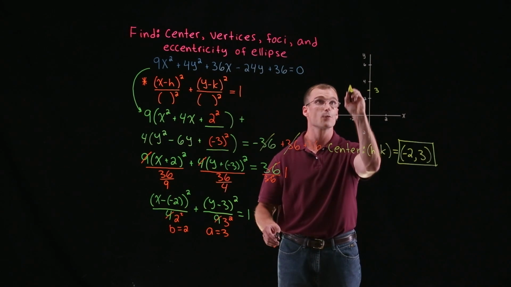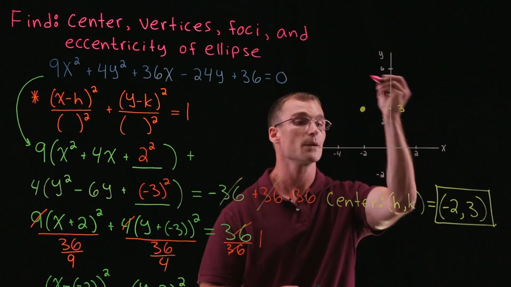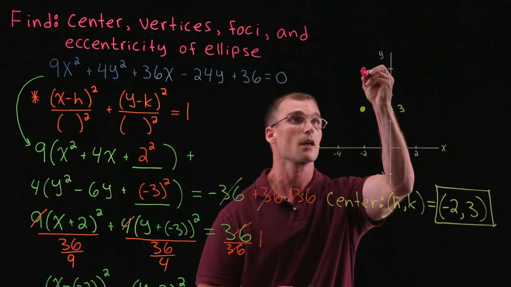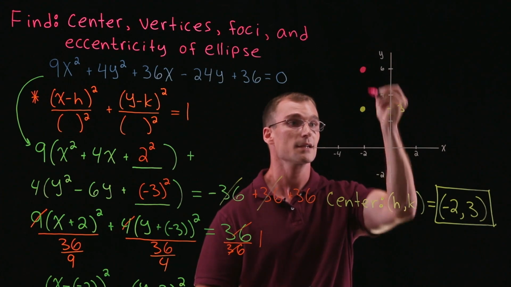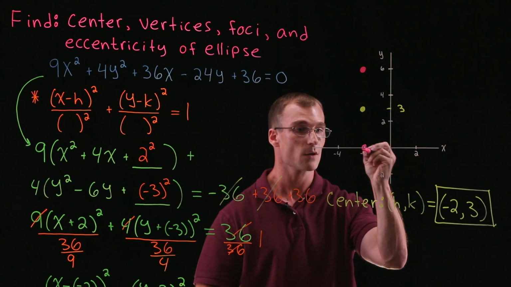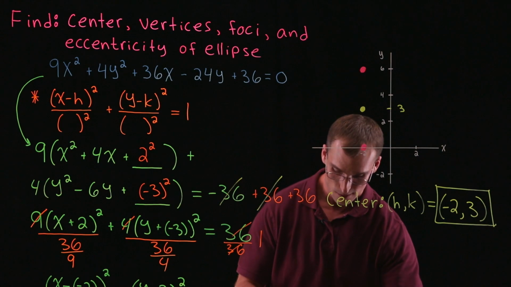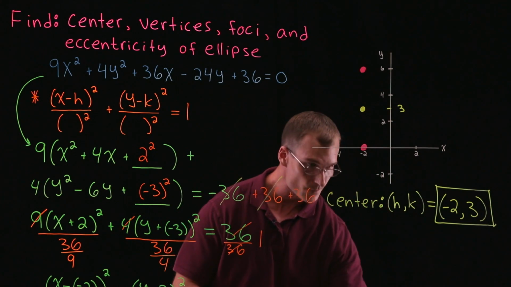So from our center, if we go up 3 units, that gets us to the point negative 2, 6, and then down 3 units, negative 2, 0. That's where our 2 vertices are going to lie. I'll go ahead and write those in.